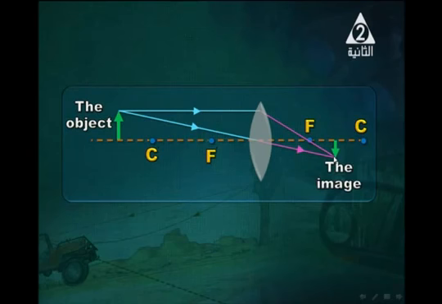The properties of this image: as we see, this image is smaller than the object, and it is inverted. Also, it is a real image because it is formed due to the intersection of the two refracted rays.